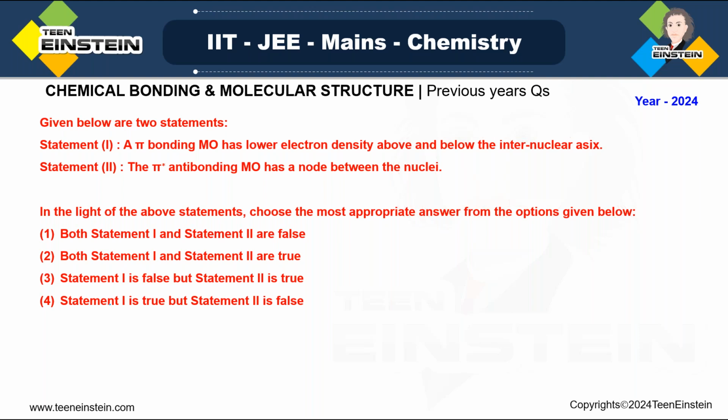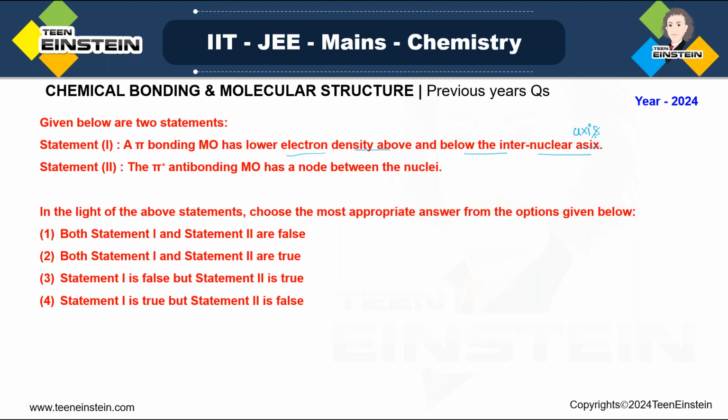The first statement is saying that a pi bonding molecular orbital has lower electron density above and below the internuclear axis. Sorry, there is a spelling mistake. So this statement is related to pi bonding molecular orbital, and it is saying that there is lower electron density above and below the internuclear axis.